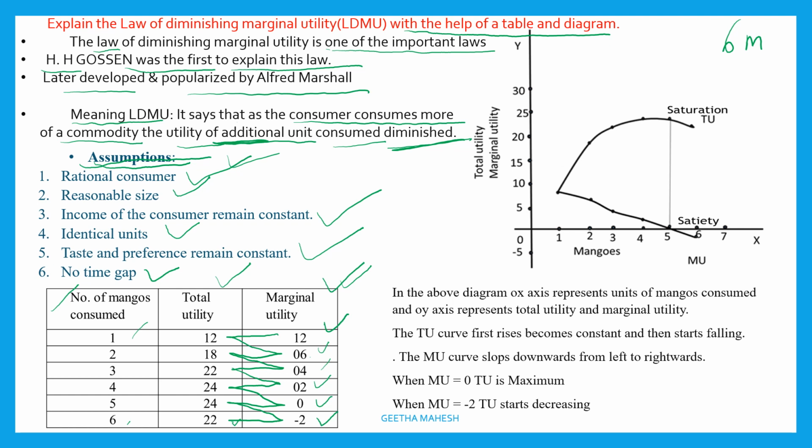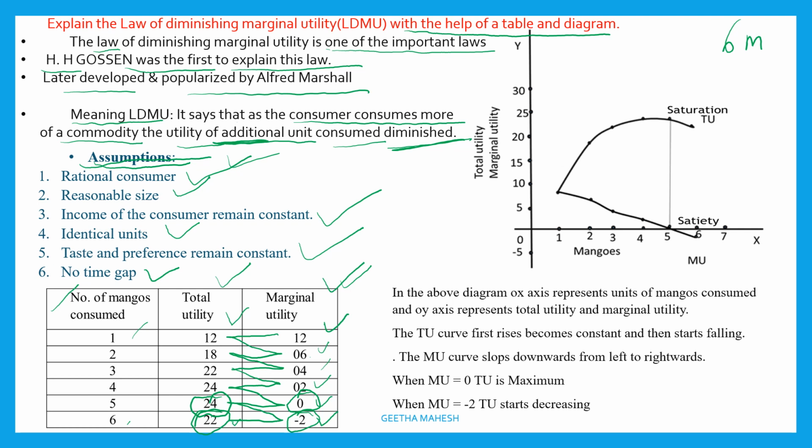Even total utility increases as consumption of mangoes increases. When marginal utility becomes 0, total utility will be maximum. When marginal utility becomes negative, total utility starts falling.